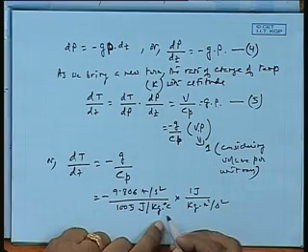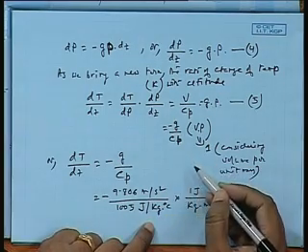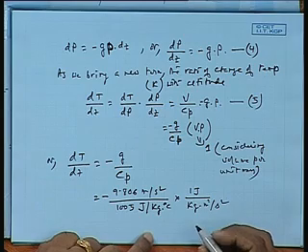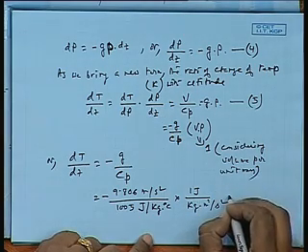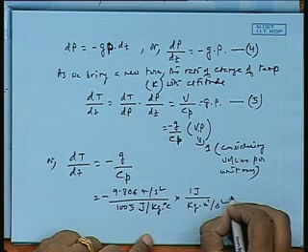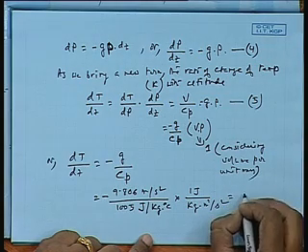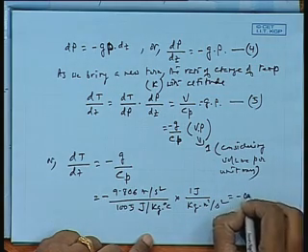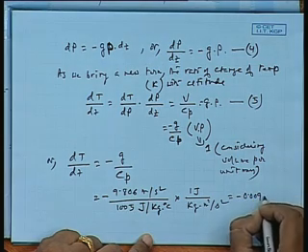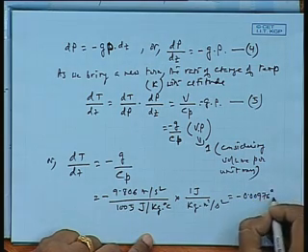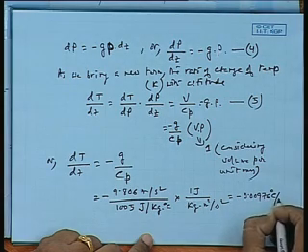So what we find is 0.00976 degree centigrade per meter.